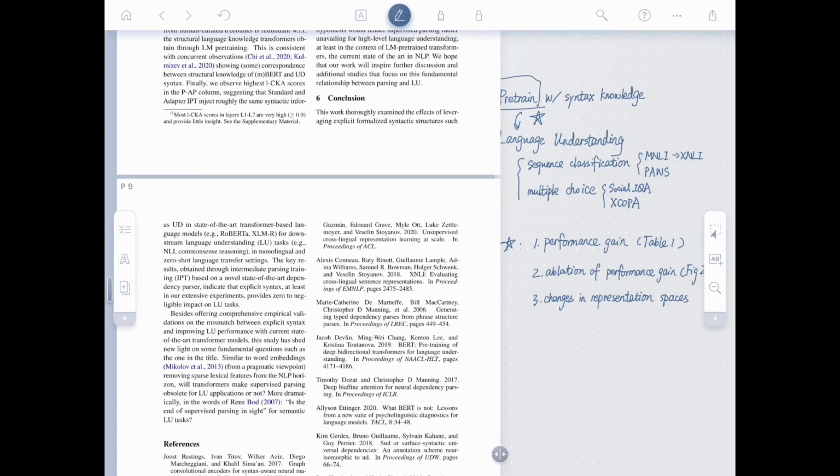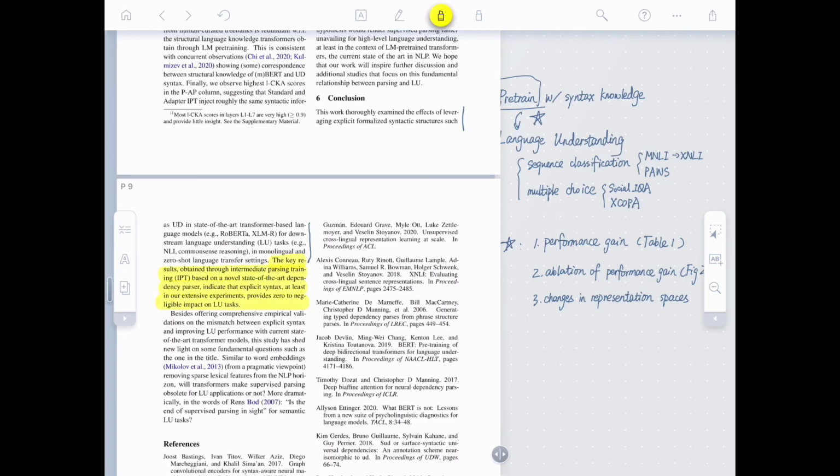This work examines the effect of leveraging explicitly formalized syntactic structures, such as UD, in transformer-based language models for downstream language understanding tasks in monolingual and zero-shot language transfer settings. The key results indicate that explicit syntax, at least in the extensive experiments, provides zero to negligible impact on language understanding tasks.